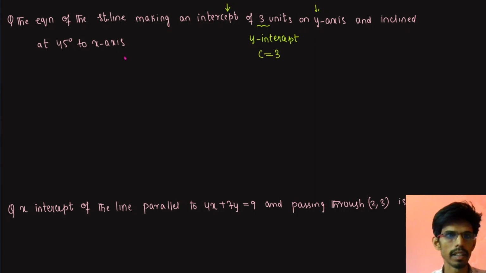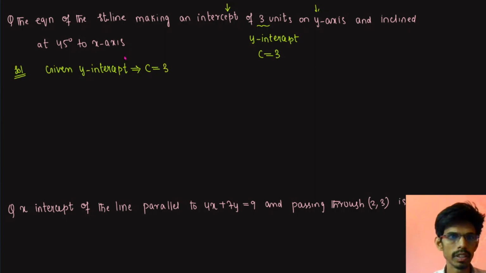Inclination means angle. So the solution: given y-intercept is denoted by letter c, that will be 3.